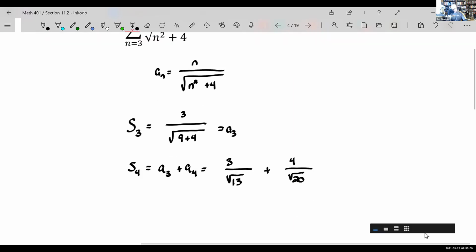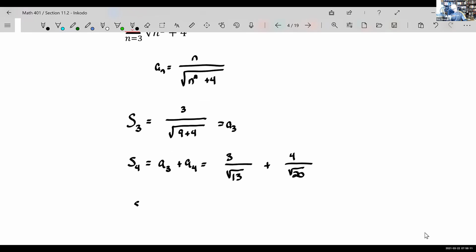S sub 5, which is A sub 3 plus A sub 4 plus A sub 5, is going to be that 3 over root 13 plus 4 over root 20 plus 5 over root 29. Is that what it is? Yeah, 29.